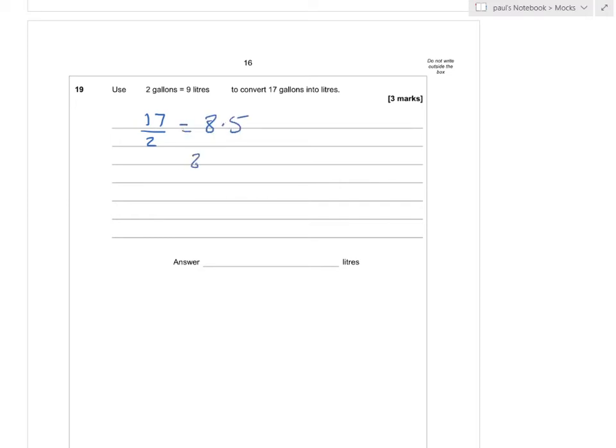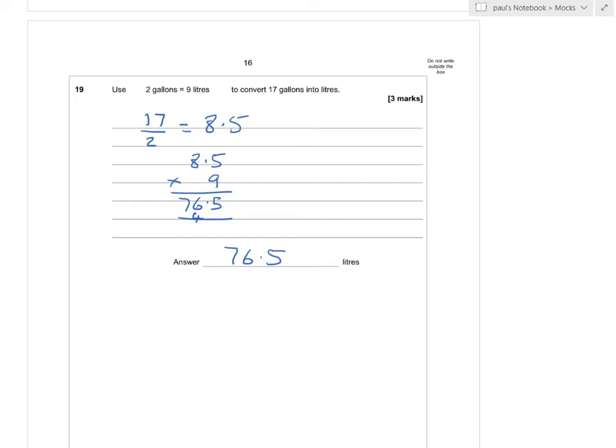Now if we do 8.5 times 9, that's 76.5 litres, for question number 19.